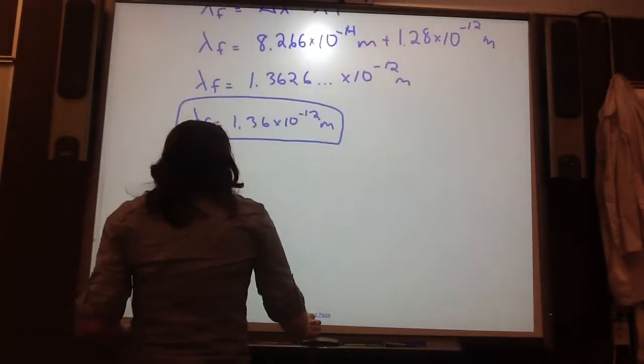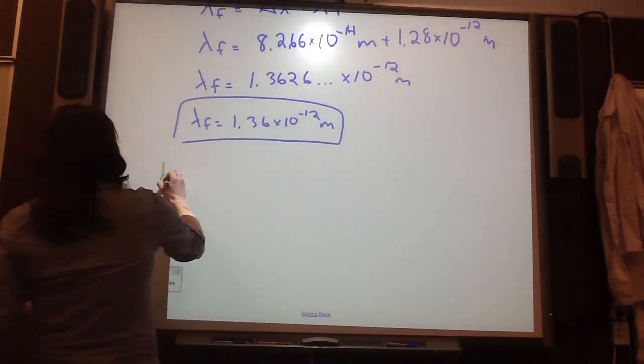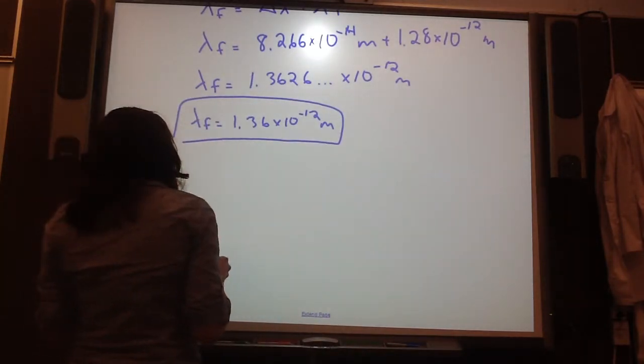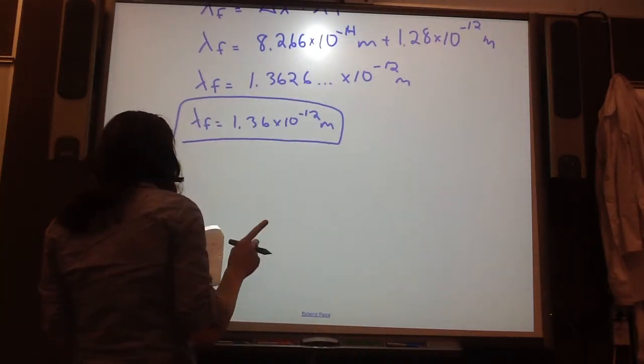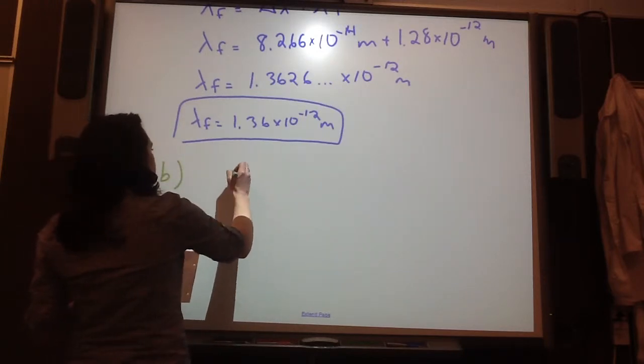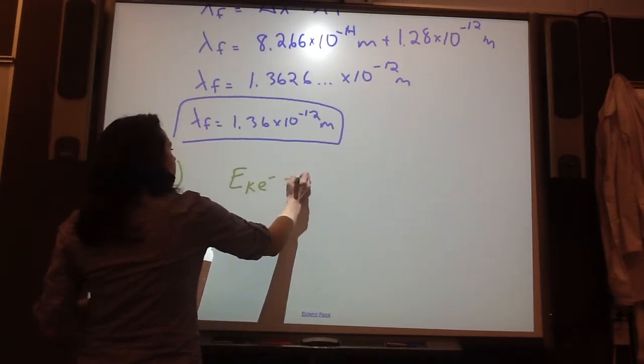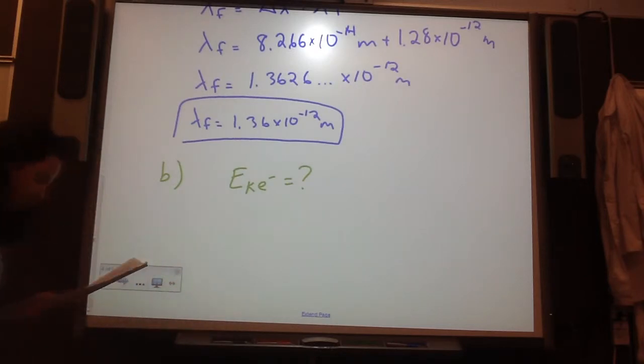So then part B, we are asked to find the energy gained by the ejected electron. So we're looking for EK of my electron. This is where I use my conservation of energy idea.